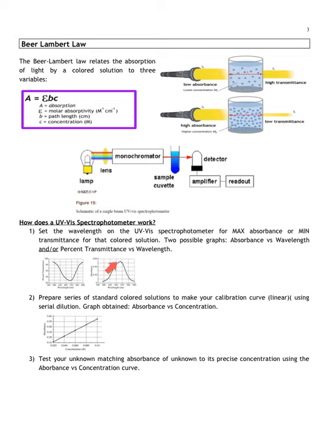I like looking at the absorbance graph because the higher absorbance is exactly the wavelength that you would select and set for the spectrophotometer. Of course they're inversely related, so the higher absorbance or the lower transmittance is the same wavelength that you would select. So this high peak where that wavelength is, or the low dip of transmittance, will be the wavelength you'd select. They will be the same wavelength in the end.